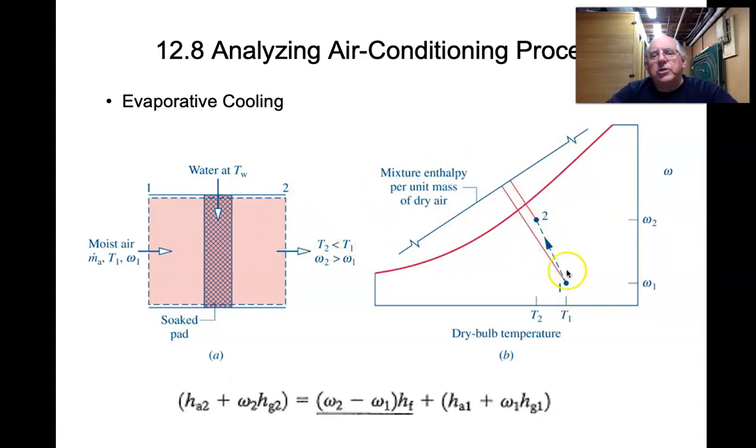What this is showing you is the process starting at state 1, which is relatively high temperature and low value of moisture, and having it decrease in temperature to state 2.